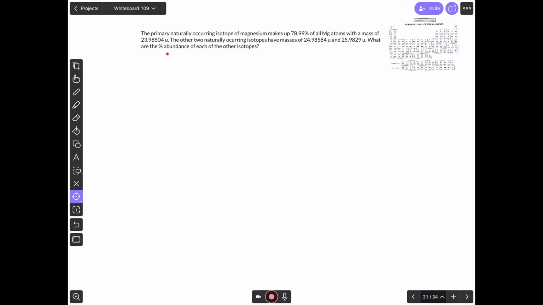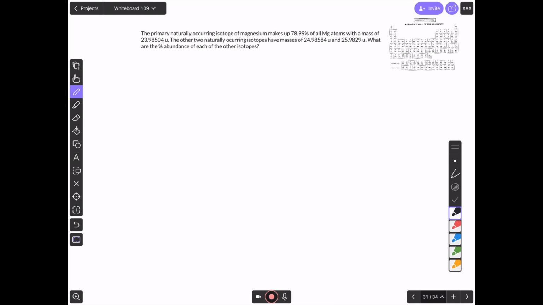What are the percent abundances of each of the other isotopes? So we're given a lot of data on magnesium and its isotopes, including all the masses, but only one of the percent abundances, for the major isotope. For the other isotopes, we have to solve for the percent abundances. So that's why this problem is different.